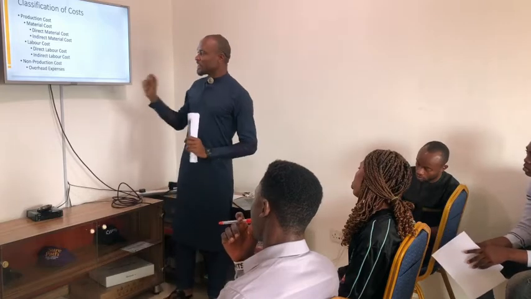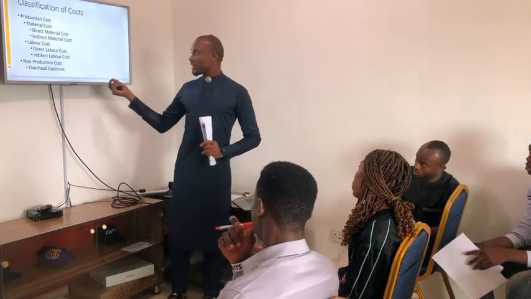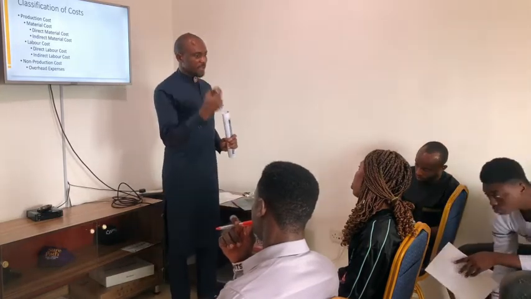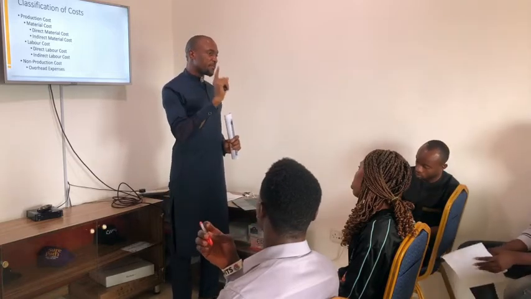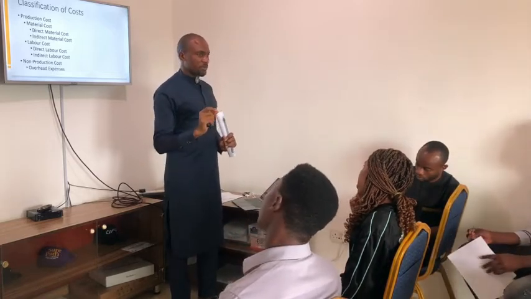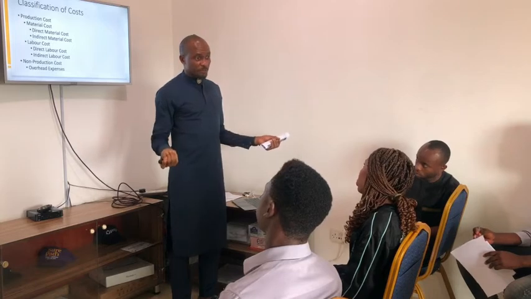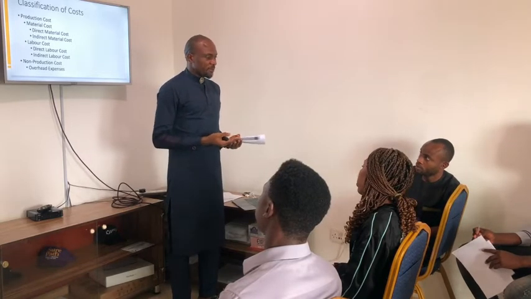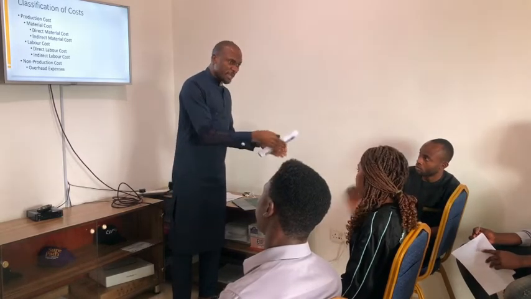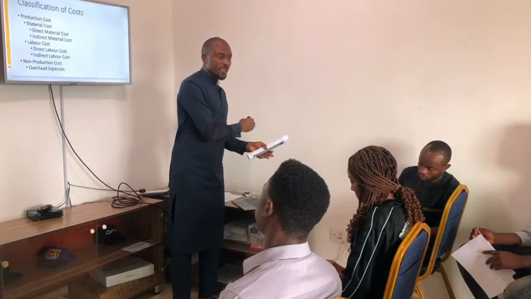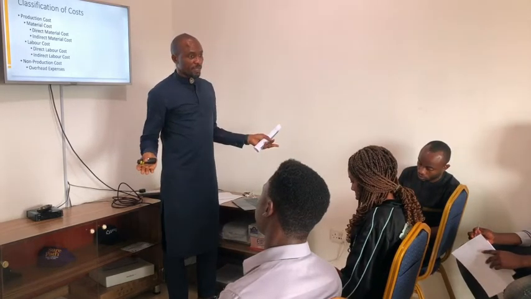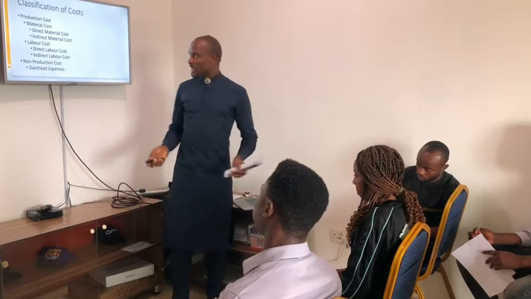And then indirect labor costs are labor costs that you cannot trace directly to a particular product. For example, the operational staff. These are staff that are not related directly to that particular product, but they provide service for the whole organization. Is that clear?